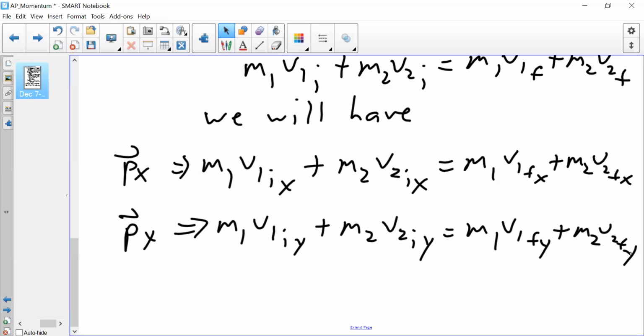And of course, these x's and y's can become cosine theta, cosine phi, because to make the problem more realistic, the angles are going to be different, since most of the time your collisions are not going to go off at the same angle. So we have to generalize it.